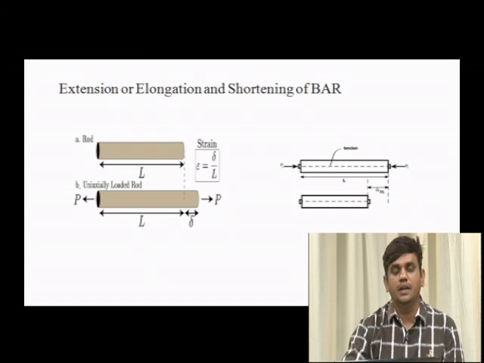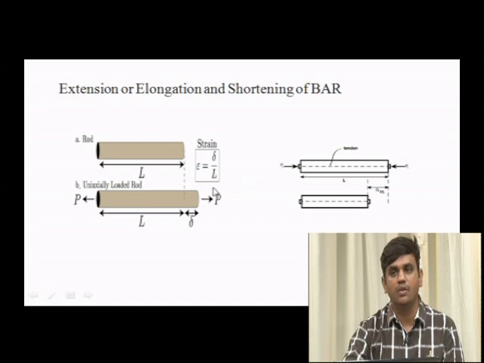Now we will study the calculation of extension or elongation and shortening of a bar. We will learn how to calculate these quantities mathematically. As in the first diagram, as I told you, strain is change in length divided by original length, epsilon is equal to delta L by L. We can observe the other diagram.